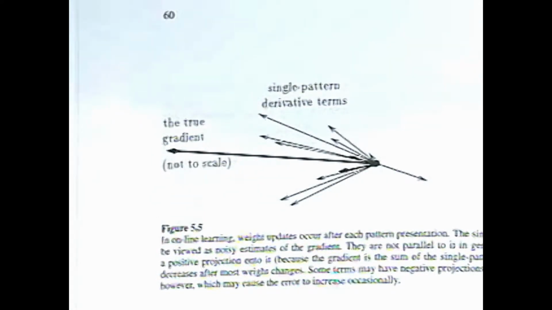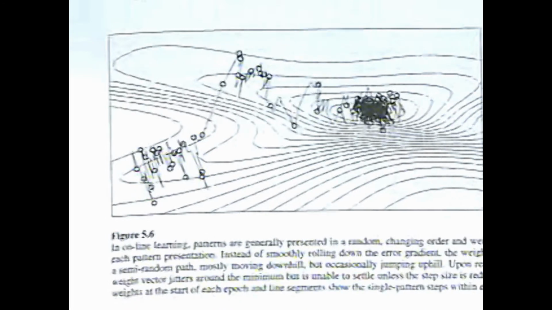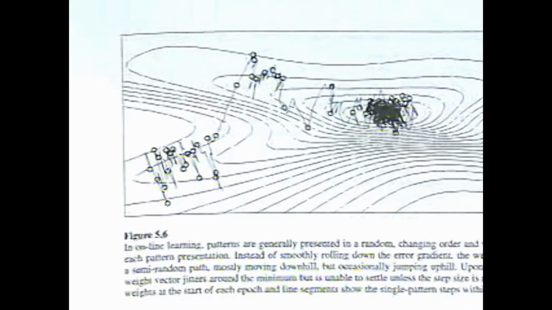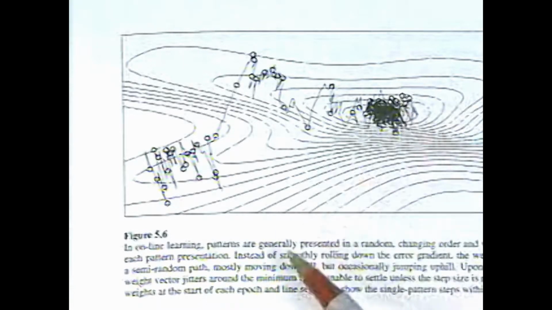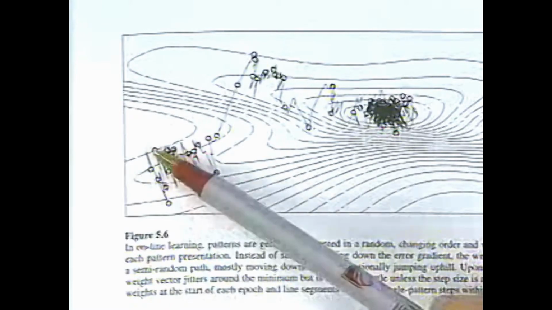Now, on the next page, we actually have online training, and this looks at the actual training of the neuron, or of the neural network, for a shuffled version of the data. And for the shuffled version of the data, here we present the first value. Well, the first value went over here.